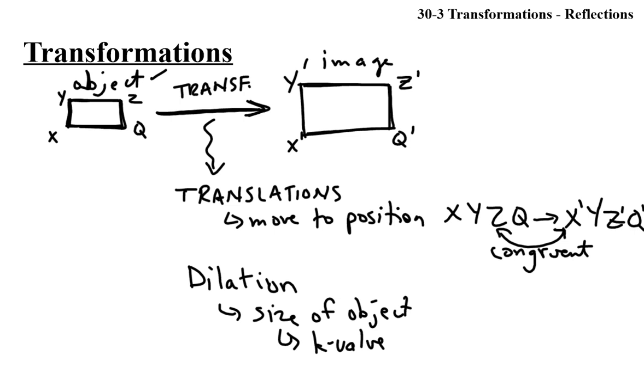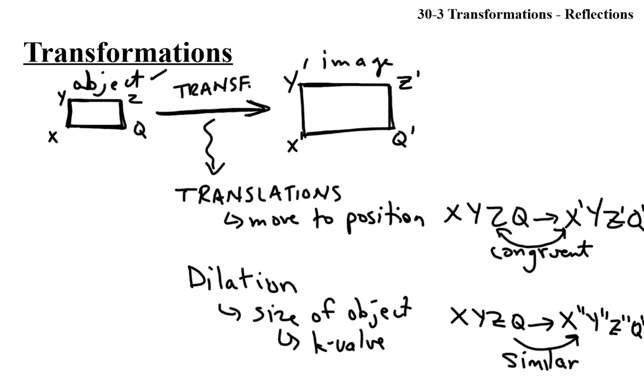So what's important there is if I had x, y, z, q, and it transformed through a dilation, which I would then call double prime, because single prime was the translation, the objects are now similar.